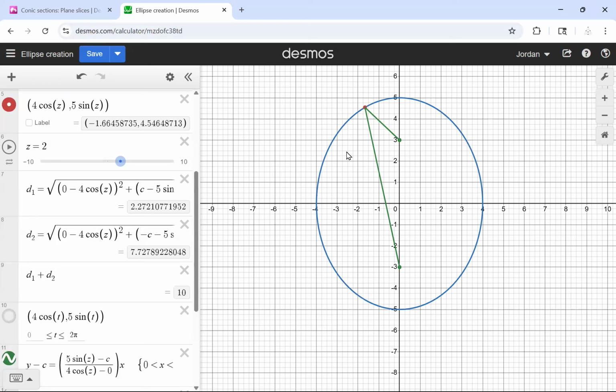But geometrically, we see that an ellipse can be formed by just taking the two foci and saying that if I look at all points where the sum of the distance from focus 1 to that point plus the distance from focus 2 to that point is a constant, then that'll form the ellipse.